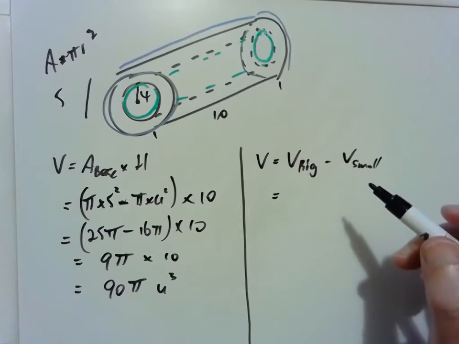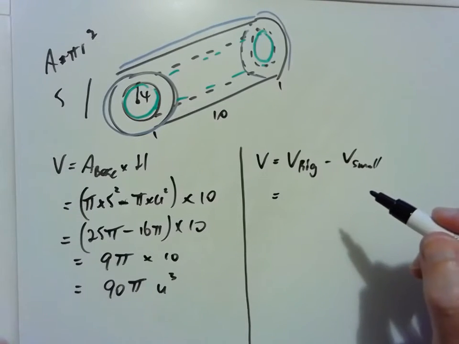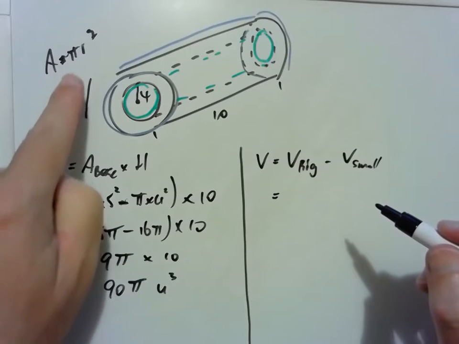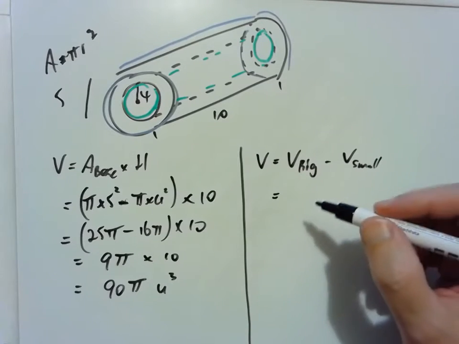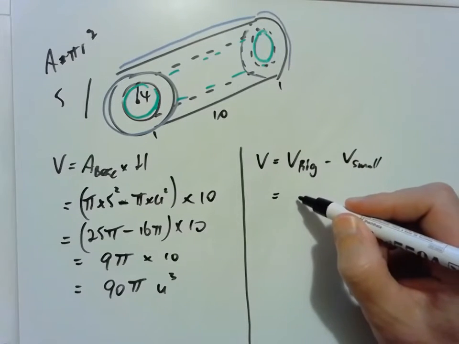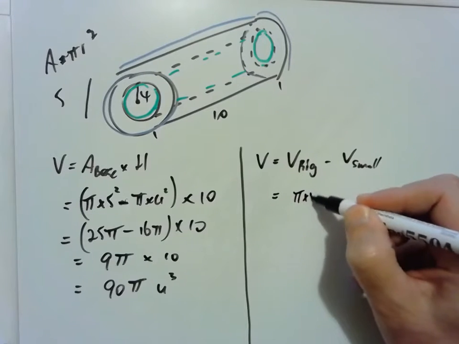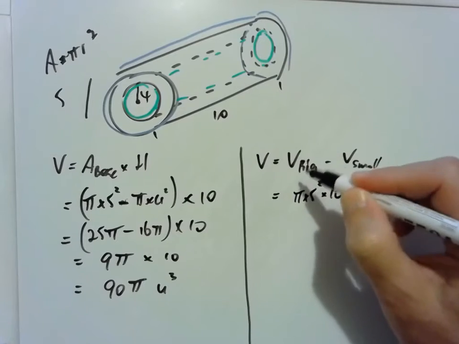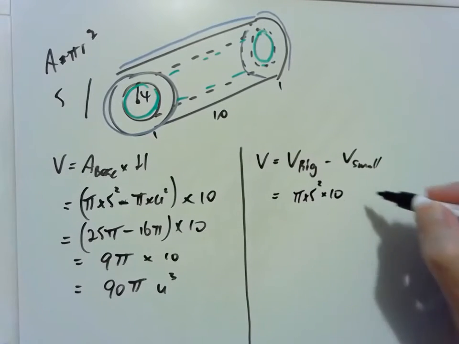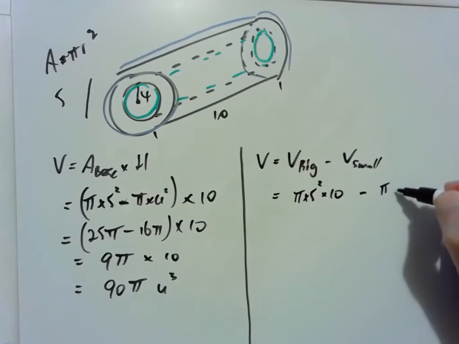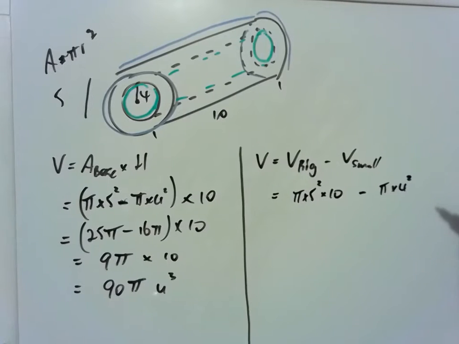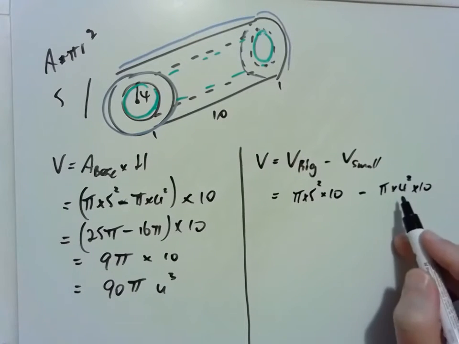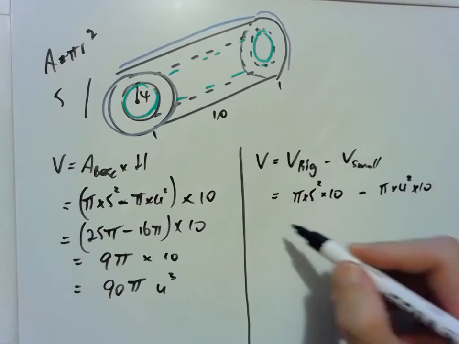Okay, big, let's go. Area of the base times the height, and we're going to use pi r squared. So I'm going to go pi times 5 squared times 10. That's the volume of the big, which is area of the base times the height, minus pi times 4 squared times 10, where 4 is the radius of the small green circle.